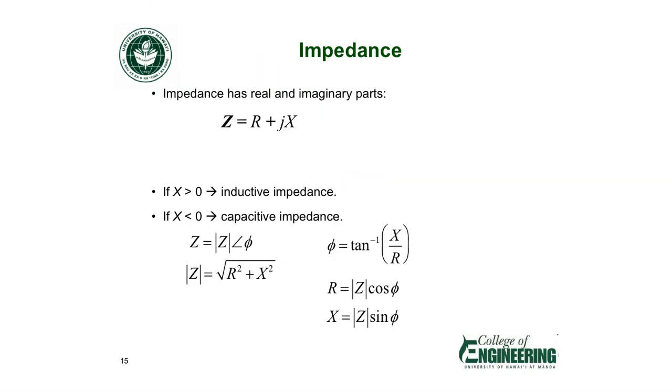Okay, so that impedance, because it's based on phasors, or we can represent the current and the voltage as phasors, that impedance can also be a phasor. It has real and imaginary parts. The real part is the resistance.